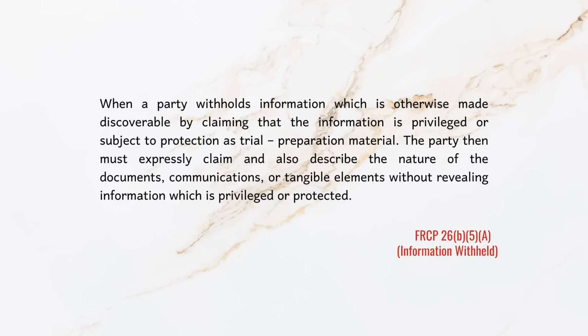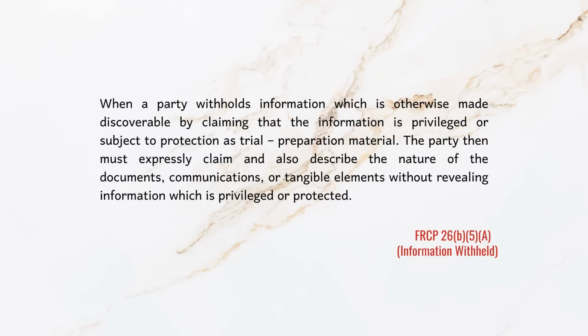When a party withholds information which is otherwise made discoverable by claiming that the information is privileged or subject to protection as trial preparation material, the party then must expressly claim and also describe the nature of the documents, communications, or tangible elements without revealing information which is privileged or protected.